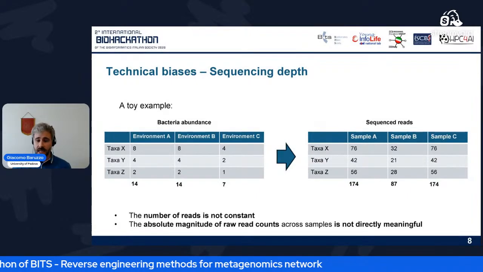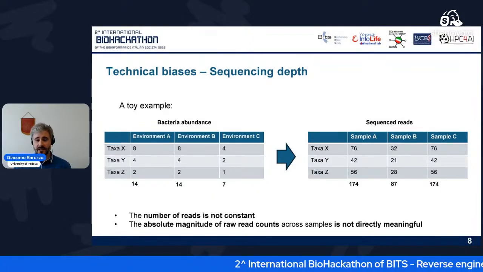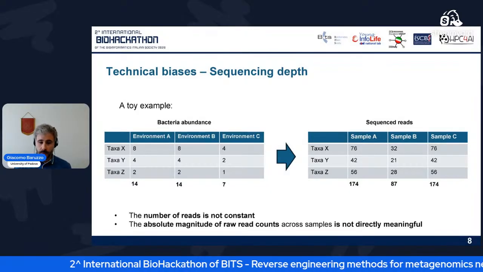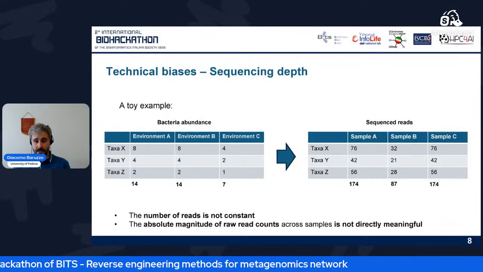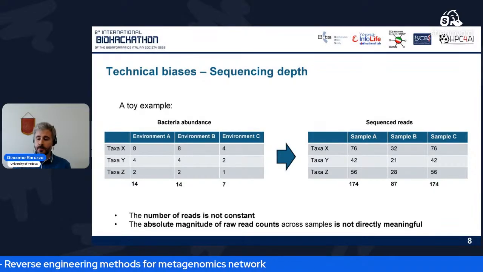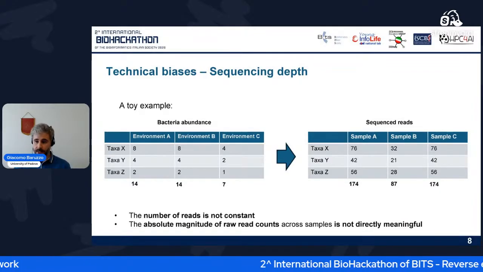So in environment A, we have 8 bacteria of type X, 4 bacteria of type Y, and 2 bacteria of type Z, and so on. These are the true bacterial abundances. But we know that we cannot measure the abundances directly, we can do it only through sequencing. And let's say that you obtain, running the sequencer for the 3 samples that you collect from environments A, B, and C, that amount of reads.